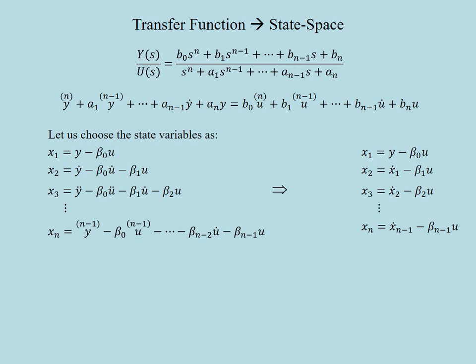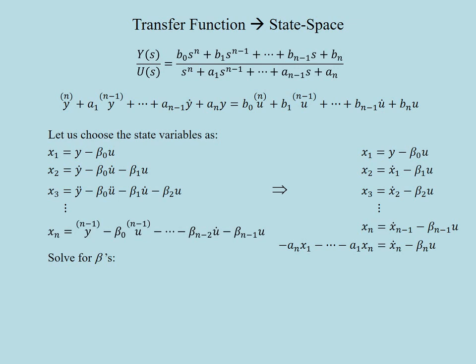And since xn dot will be a combination of the nth derivative of y and all the derivatives of the input u, using the differential equation, it must be possible to write it as a linear combination of the derivatives of y and the input, or the state variables and the input for some suitable set of betas.